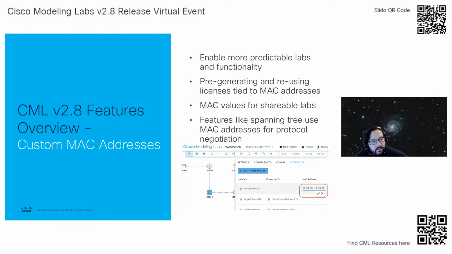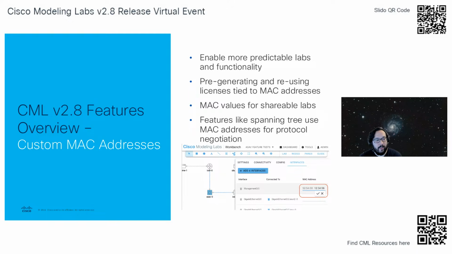And custom MAC addresses. This is a new feature in 2.8 that will make your labs more predictable and functional, as you'll be able to customize your MAC addresses. This is really helpful, especially if you're using nodes whose licensing is tied to MAC addresses, making that easier and more streamlined.